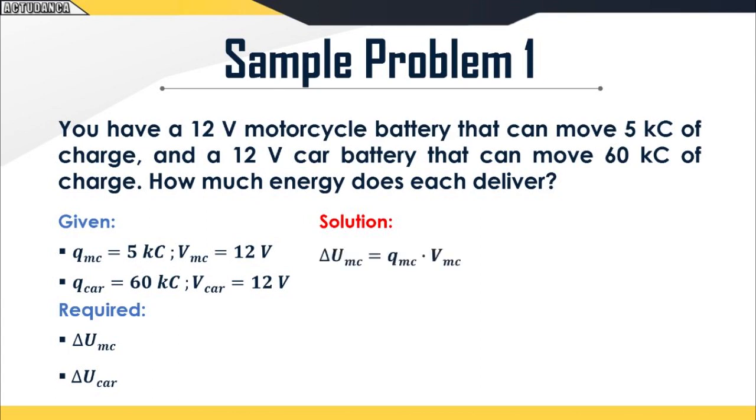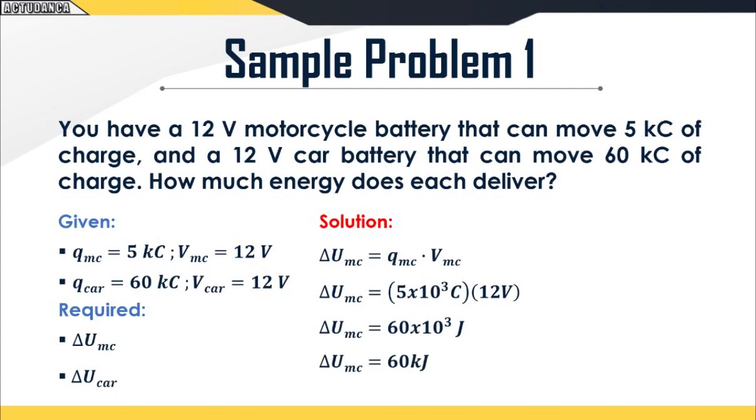Solving this problem, we have the following formula. So we have here the change in the potential energy of the motorcycle battery equal to the charge multiplied by the voltage. Substituting the values, we have the 5 times 10 raised to 3 coulomb multiplied by 12 volts will result in a 60 kilojoule energy.